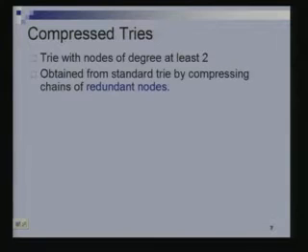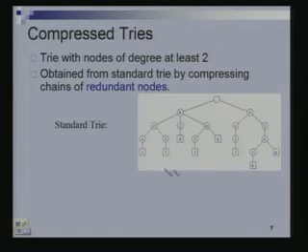So we'll do the following. We are going to look at all nodes of the trie which have degree only 1, and remove those nodes. By degree 1 I mean nodes which have only one child, and I am going to compress those nodes. If this is my standard trie, see that there are a whole lot of nodes here which have only one child.